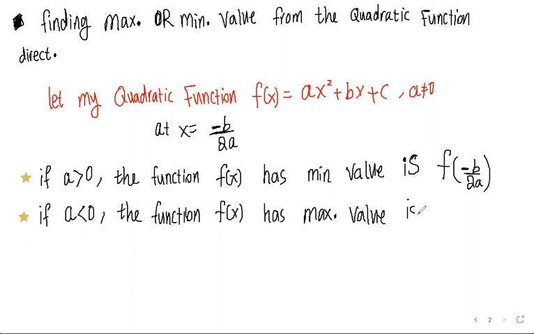And the value is f of this point, minus b over 2a. Now let me give you an example, and during the example we'll explain how to find the maximum or minimum value directly by using these things.